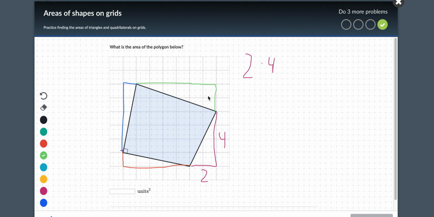And now this next one is 2 squares tall, and 1, 2, 3, 4, 5, 6 squares wide or long. And this next one is 1 wide by 1, 2, 3, 4, 5 tall. And now this final one is 1 square tall and 1, 2, 3, 4, 5 squares wide.